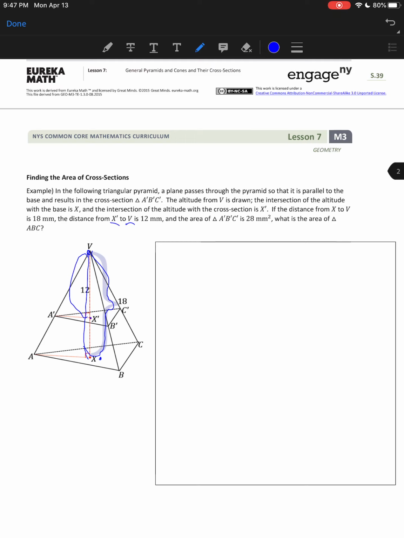And that's 12 millimeters. And then it tells you that the area of triangle A prime, B prime, C prime is 28 millimeters squared. So this area right here is 28 millimeters squared.